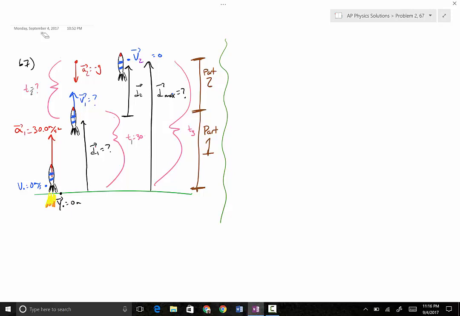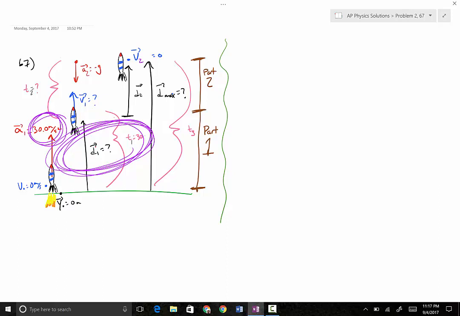And so what I've done is what every one of you should have already done, which is draw a diagram. I diagrammed the situation here and I broke it down into three parts. The first part is when it's accelerating at 30 meters per second squared.